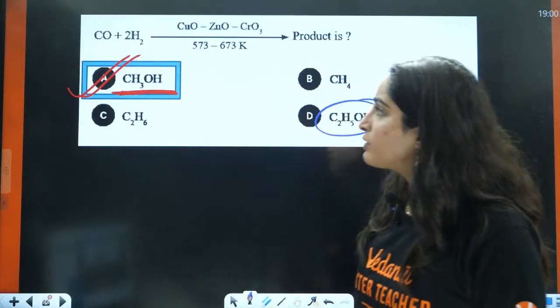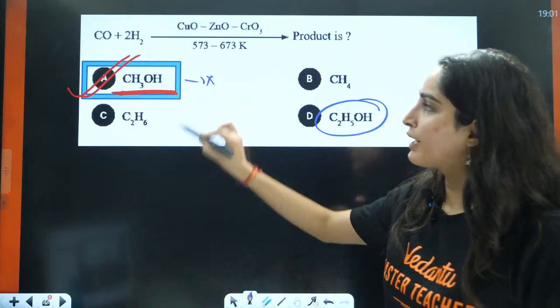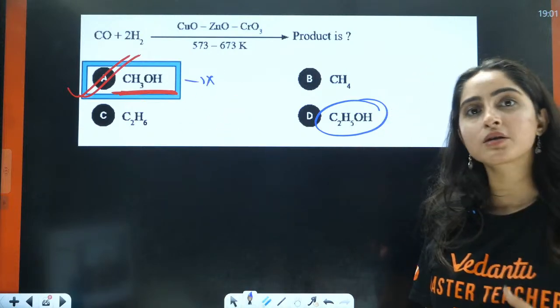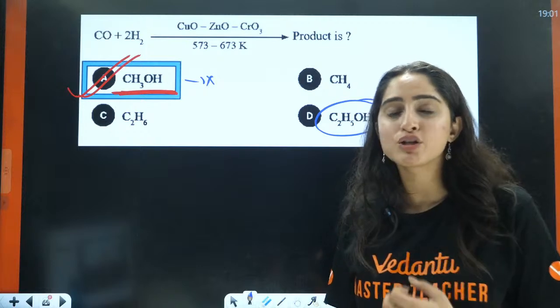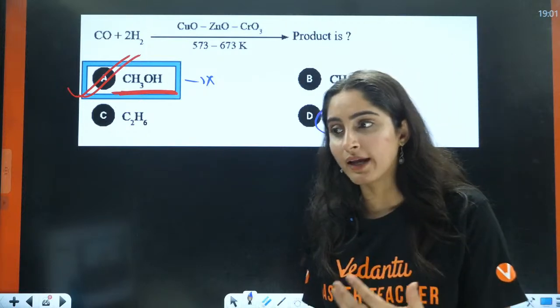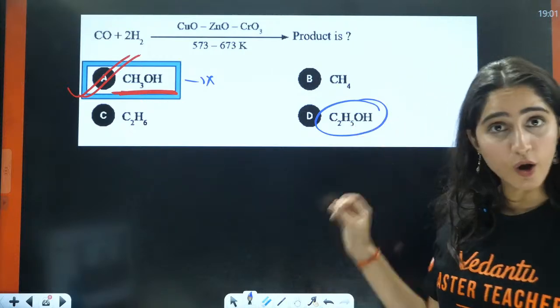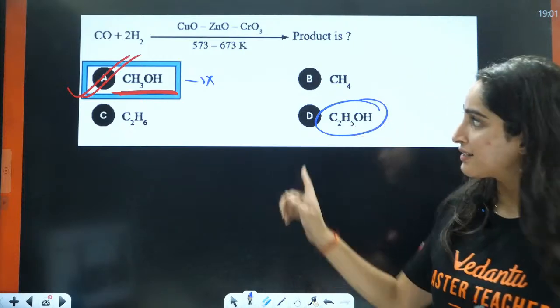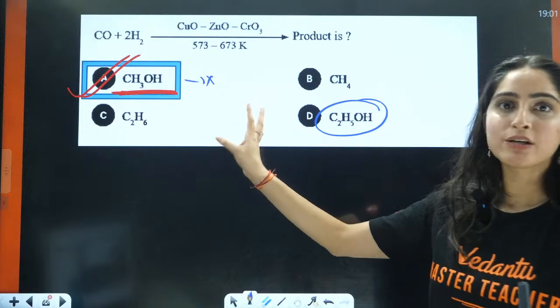Okay. And now this methanol is not good for drinking purposes. Why? Because it is converted to methanoic acid, which is very dangerous for our body, right? And also one more thing, this ethanol for drinking purposes and methanol are sometimes mixed together.